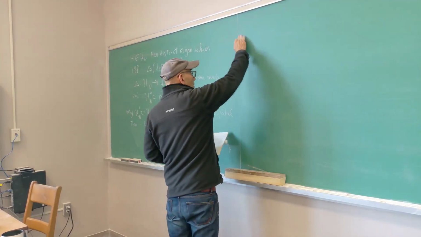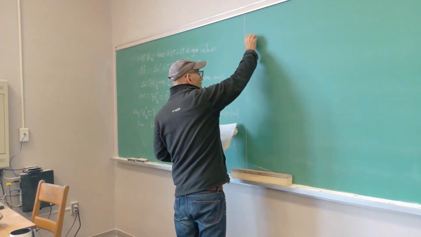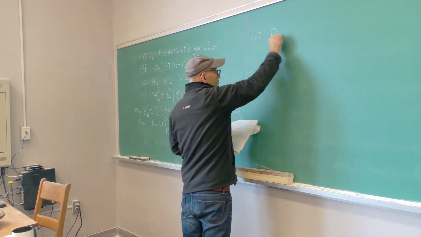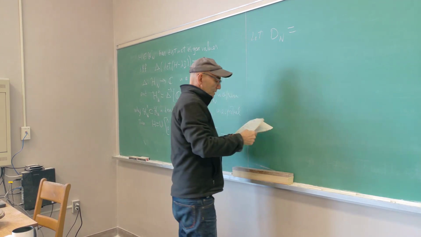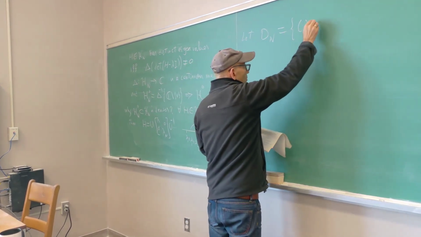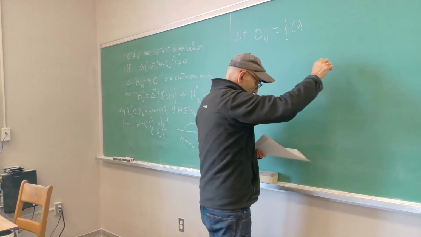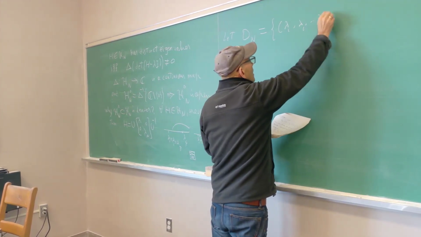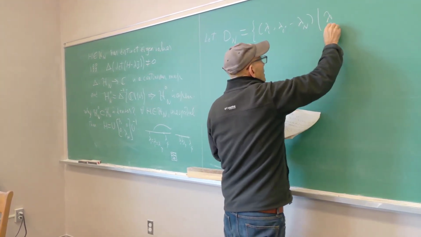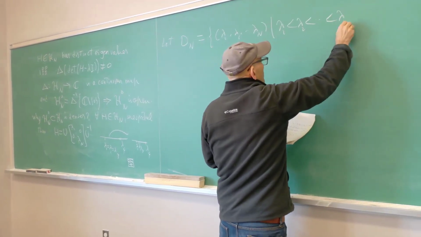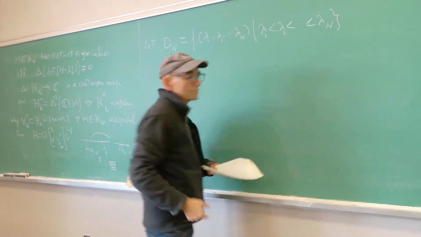For this Weyl chamber, let it be the set of all n-tuples lambda 1, lambda 2, ..., lambda n such that lambda 1 is less than lambda 2, less than ..., less than lambda n.